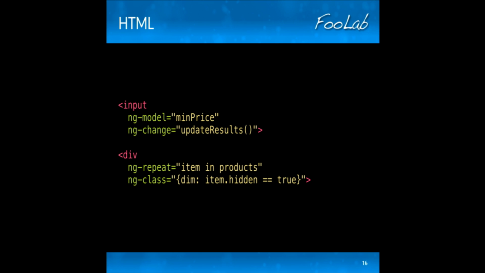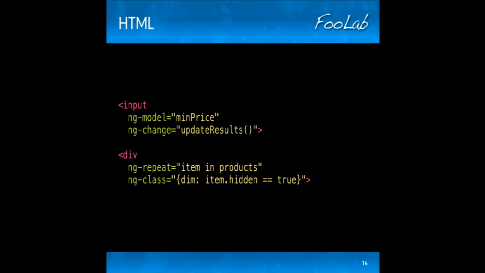But I update the results because I want to make sure that I recalculate, because I cannot listen to that change necessarily. I could have a button instead to say filter, and then put the update results there, which is why I designed it so that you have more control. And then in the ng-repeat there, I added a conditional class, and I dim it when I set the item hidden to true.